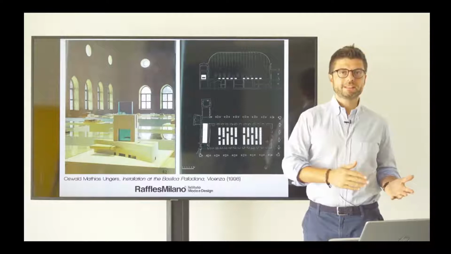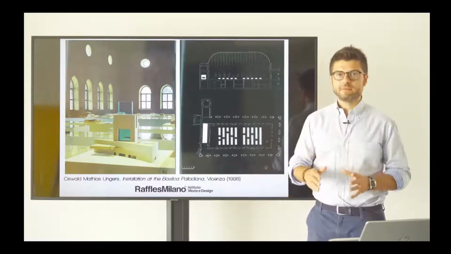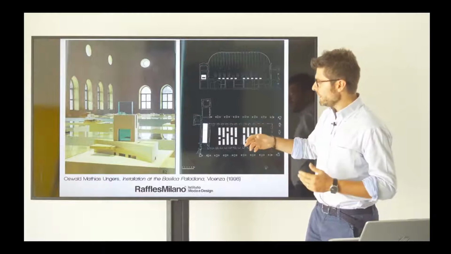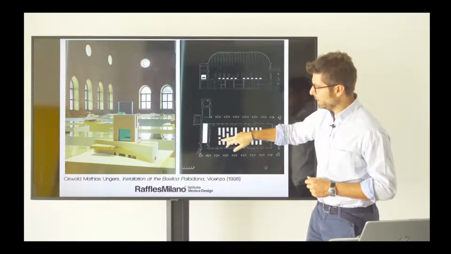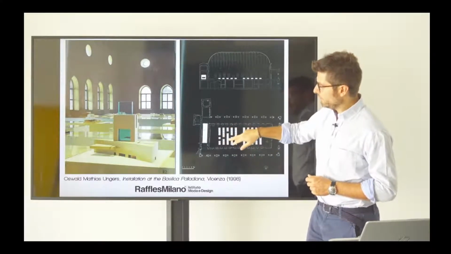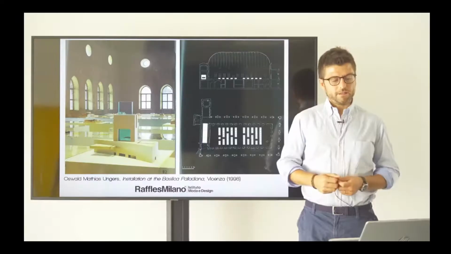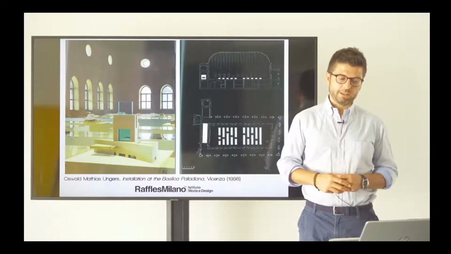So first example was regular, the same, then alternate, and here instead we have a rhythm that is irregular. We have 4, 1, 1, 1, 2, 5, 1, 3, so it's always different. This module represents the tables and the glass containers where Oswald Matthias Ungers laid his models and his drawings.